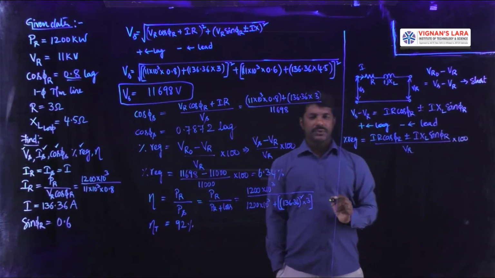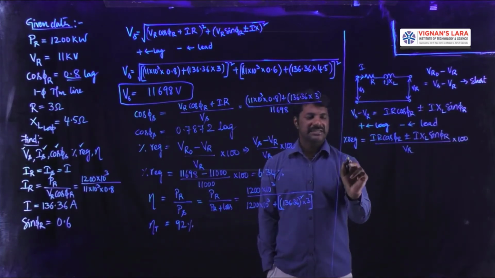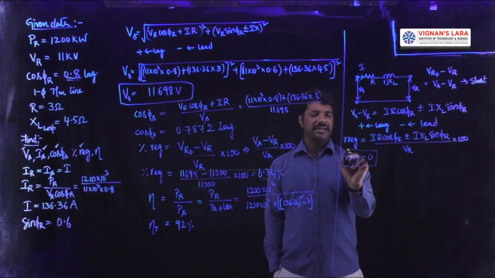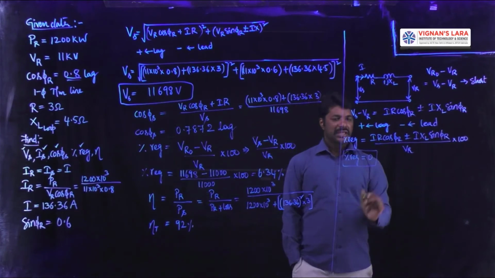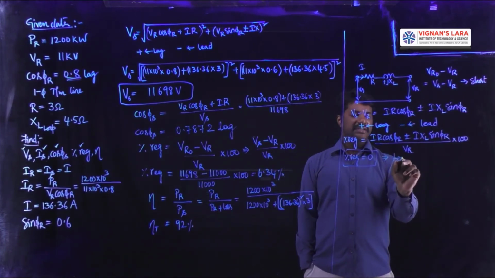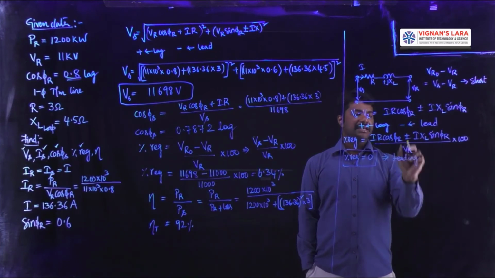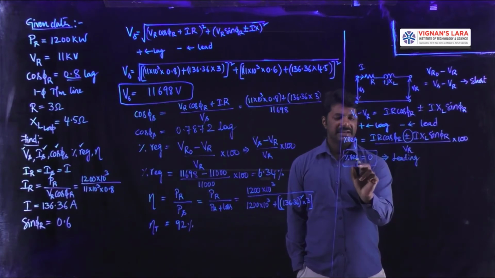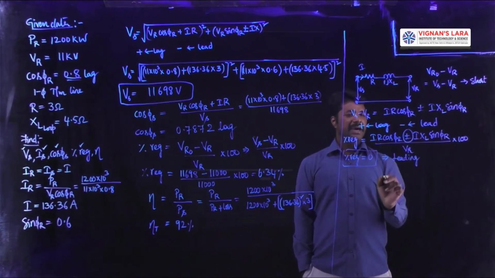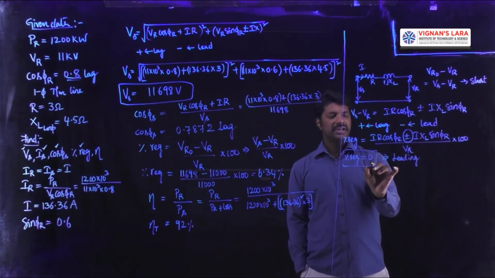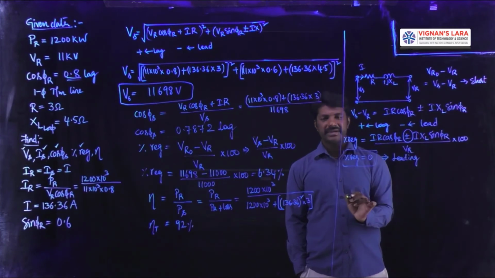To achieve the ideal case of percentage regulation being 0, what is the condition? That we have to derive now. In general, zero regulation always happens at leading power factors, so I have to consider the minus symbol here. Whenever regulation is 0, the numerator of this formula becomes 0 with the negative sign considered, because zero regulation happens in the leading power factor case.